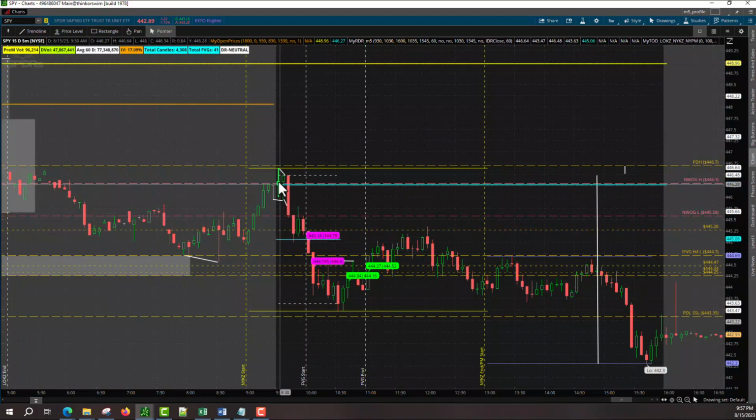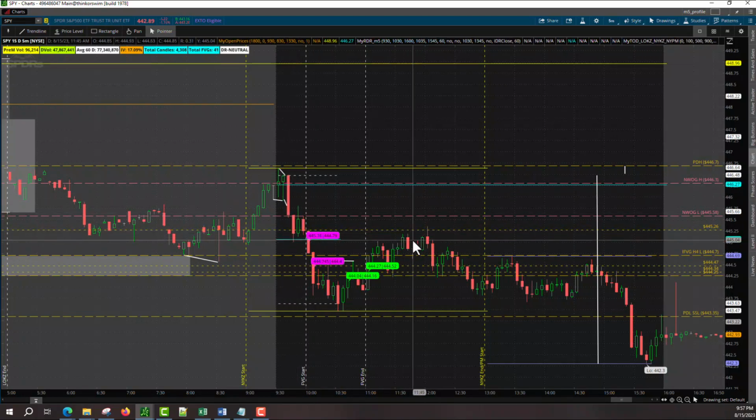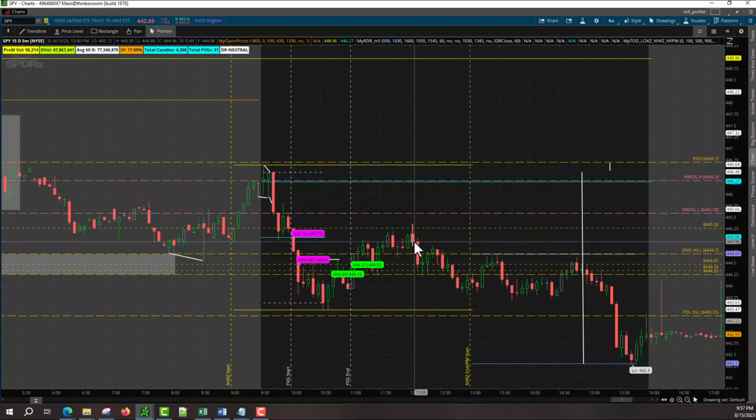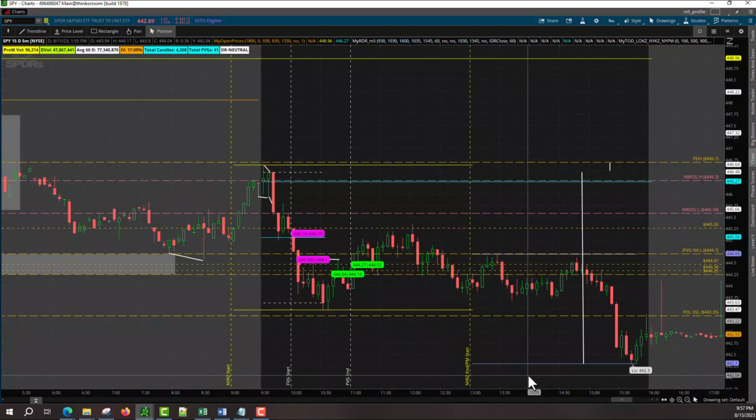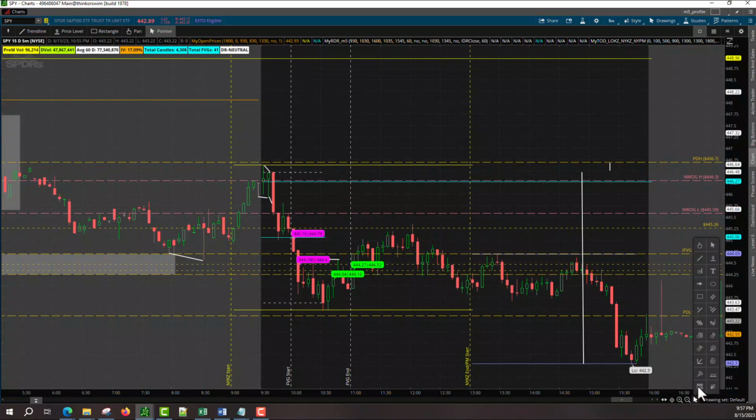If you missed the entry there, then right here you have another trade setup. So you go in at 12 o'clock, and this breaker is at 9:45. Okay, that is the second setup that we see. And it also fits into the DR model.